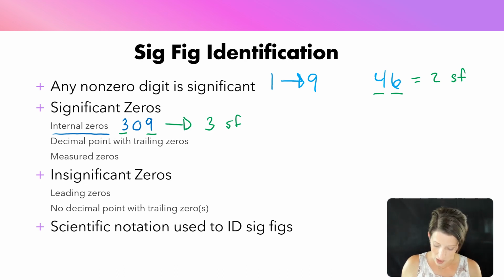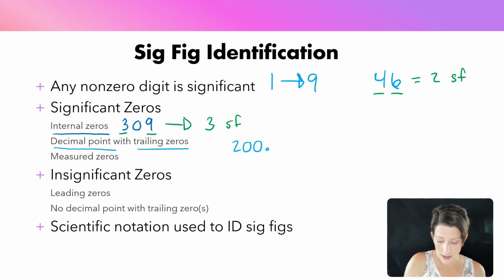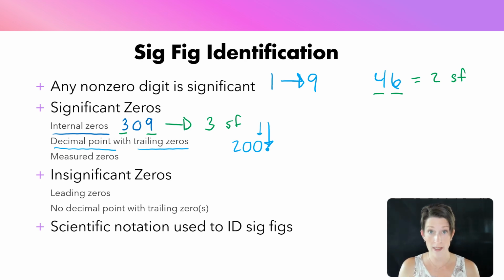Next tends to be the trickier one for most people. We have to look at the decimal point. If there is a decimal point with trailing zeros, so we have 200 with a decimal, that decimal tells us the precision of the device. That device tells us that we can estimate to the ones place. There is a mark for the hundreds place. There is a mark for the tens place. We estimated the ones place because that ones place has to be significant based off that zone of uncertainty that the observer noticed.